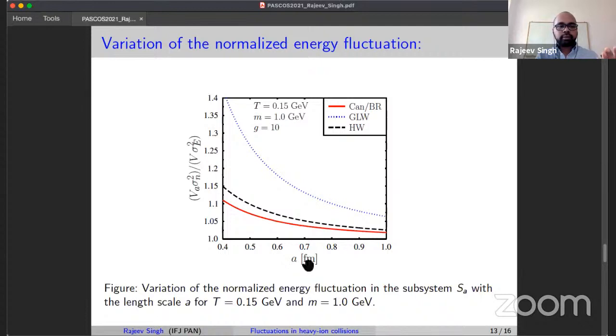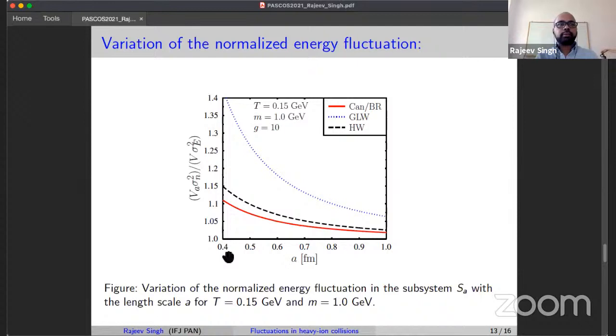The fluid element size has to be large enough not to include the fluctuation, but if we define the fluid element size to be small enough, for example less than 0.4 Fermi, then we have to include the quantum fluctuations in the numerical simulations of relativistic hydrodynamics.